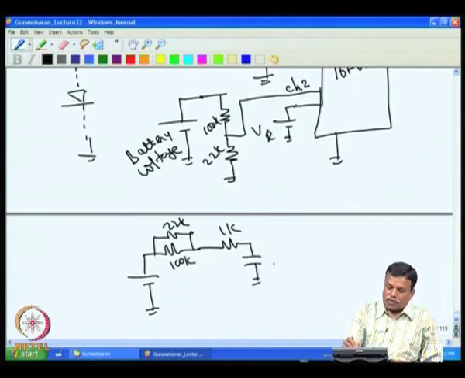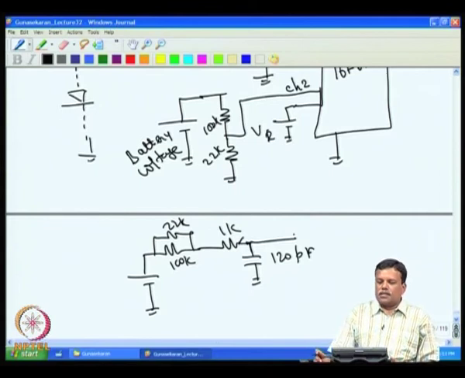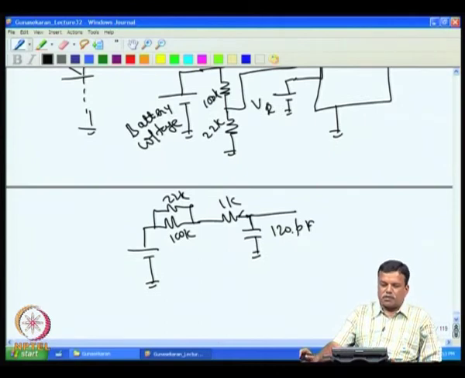Then I have about a 120 pF capacitor at the input. Obviously, this will take about 40 microseconds to reach half LSB of a 10 bit converter, because this is the sample and hold SHA capacitor.